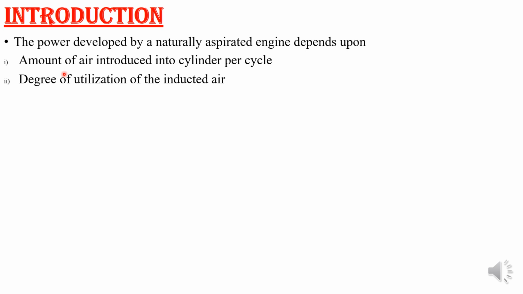So the more utilization you make inside the combustion chamber, the more power output can be increased. Next one is the engine speed, because as the engine speed increases, the suction pressure will be higher, so more air can be induced inside the cylinder, and hence power output can be increased.